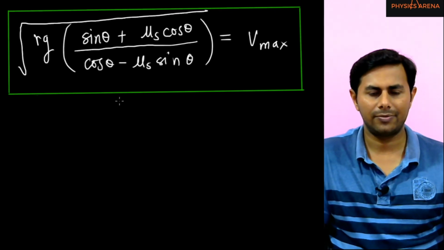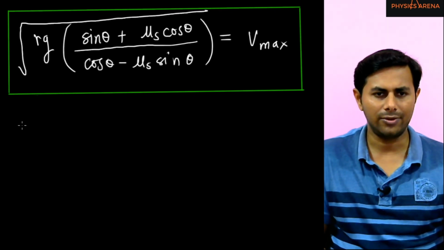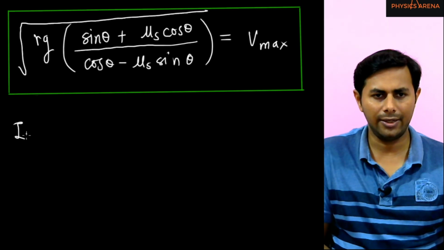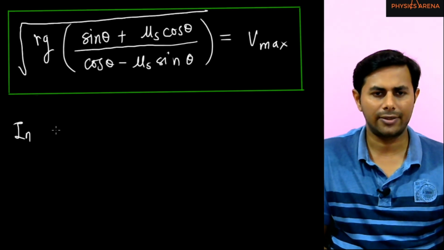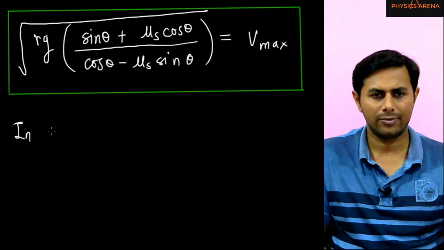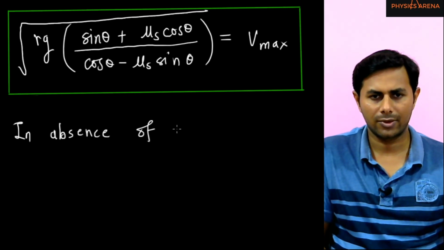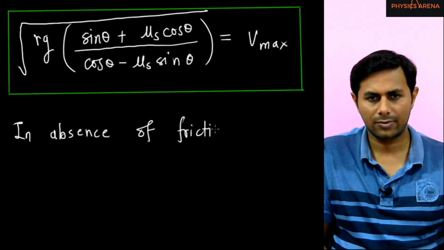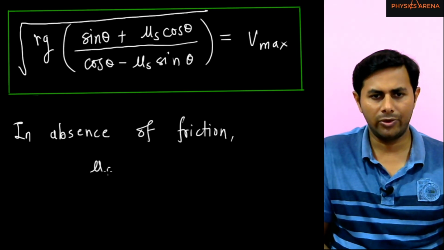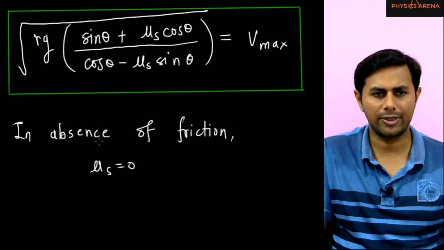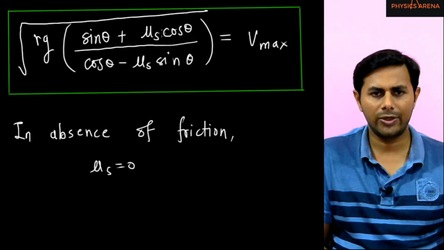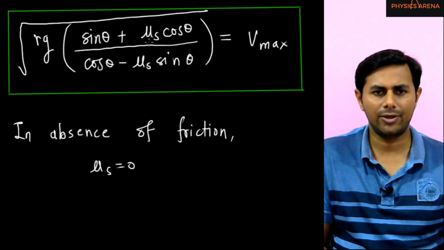Let's make mu s equal to 0, the ideal case of absence of friction. Let's substitute that, and we get rid of this term as well as this term.